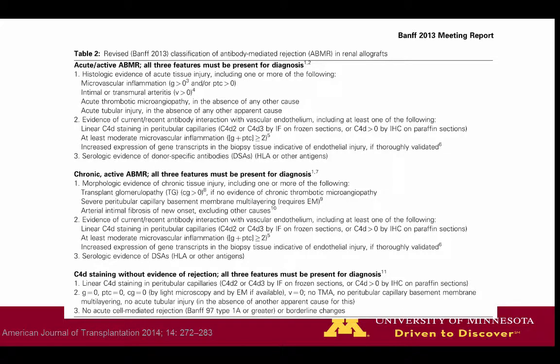So this is just a table showing you what the classification in the Banff system looks like, whether it's acute or active, chronic active, or if there's merely C4d staining without any evidence of rejection. And within the fields, it looks at if there's histologic evidence, if there's antibody interaction, typically shown by the C4d staining, and if there's serologic evidence of there being DSAs present.